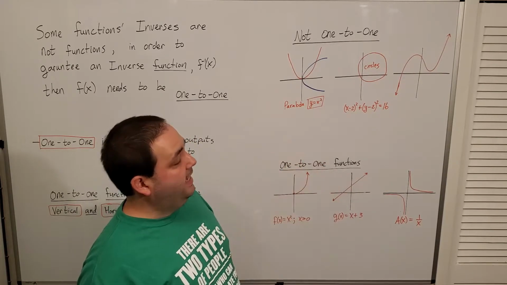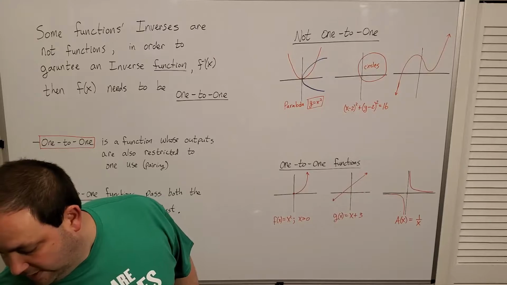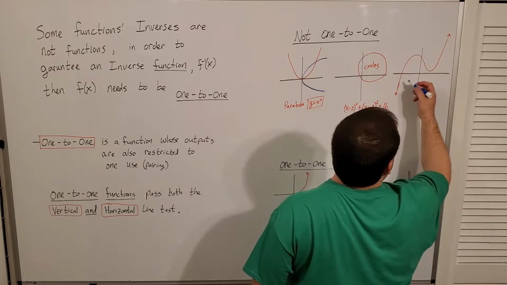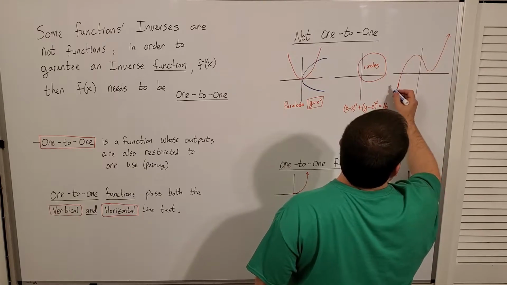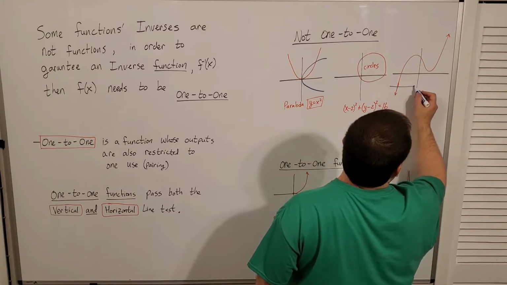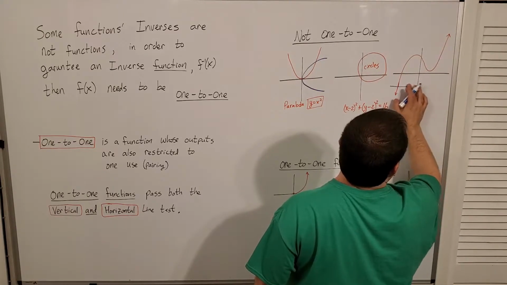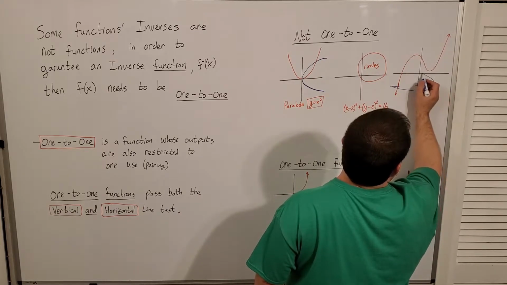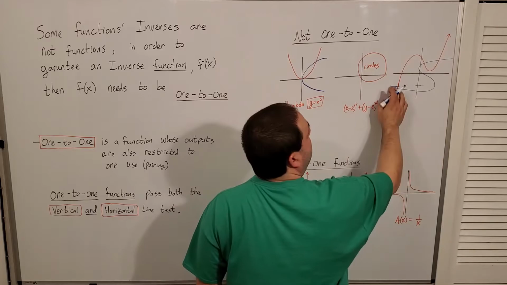Whenever I try to take its inverse, you would get something that won't pass the vertical line test. Okay, so I would get something like this, right?